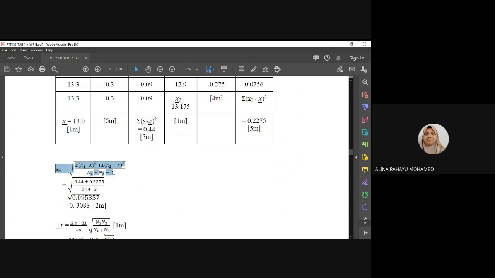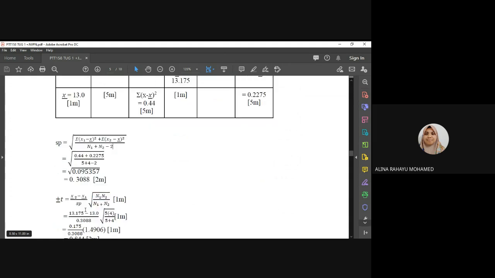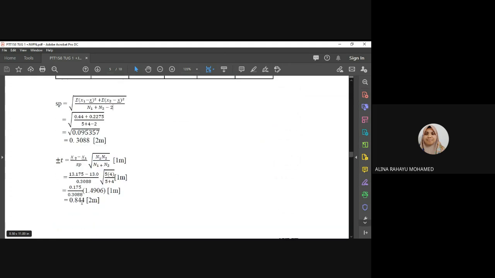This is the equation for pooled standard deviation. Insert the values for the summation of x1 minus x bar squared and the summation of x2 minus x bar squared, and we get the pooled standard deviation as 0.3088. Now, we need to calculate t. t is x2 bar minus x1 bar over pooled standard deviation times the square root of n1 times n2 over n1 plus n2.